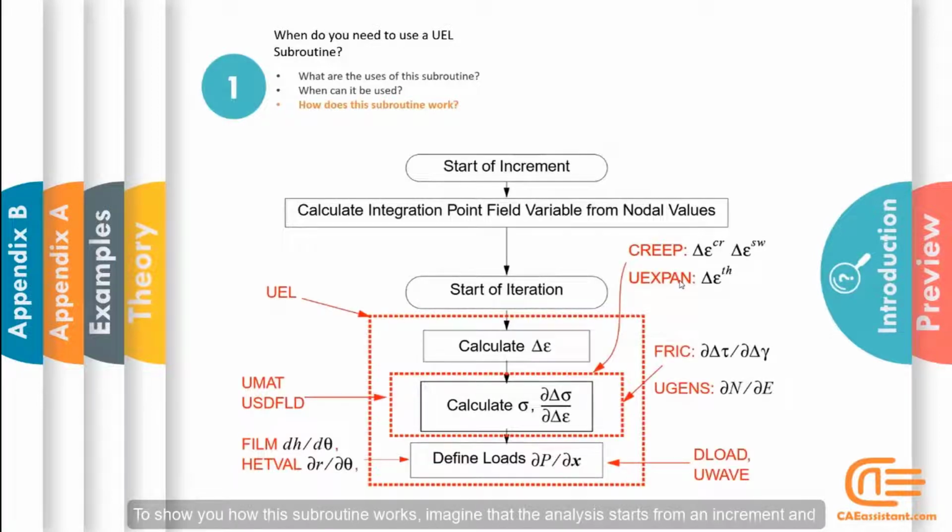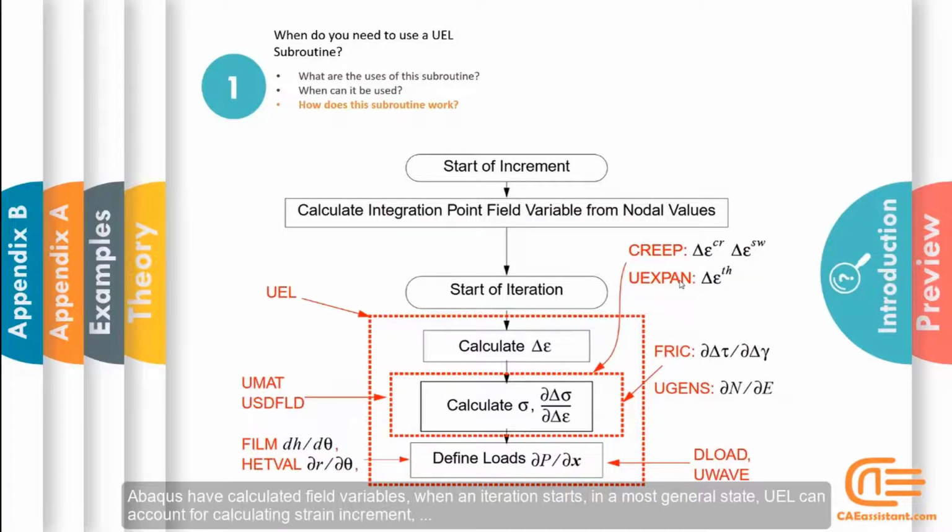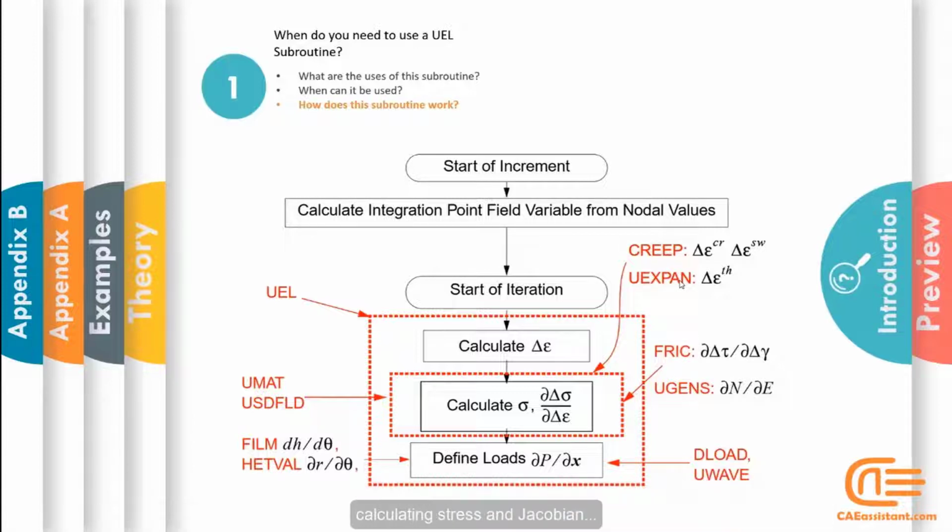To show you how this subroutine works, imagine that the analysis starts from an increment, and Abaqus has calculated field variables when an iteration starts. In the most general state, UEL can account for calculating strain increment, calculating stress and Jacobian, and also defining loads of the solving process.